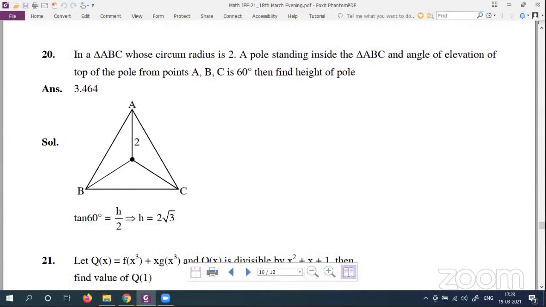So in a triangle ABC, whose circumference is 2, the pole is standing inside the triangle ABC.